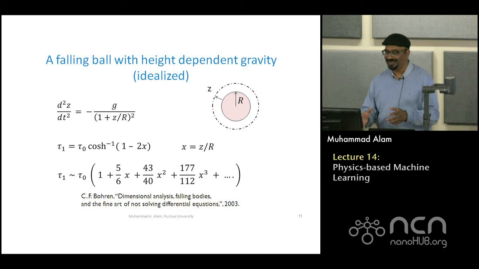Now it turns out that people, at least in the old days, didn't have computers, so they could spend some time thinking about solving differential equations in their spare time. And one thing they could do, instead of assuming a point source, is assume that it is a finite thing.